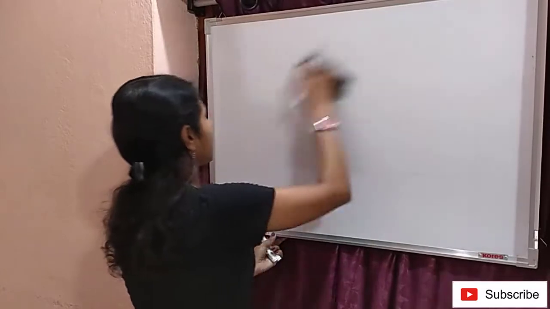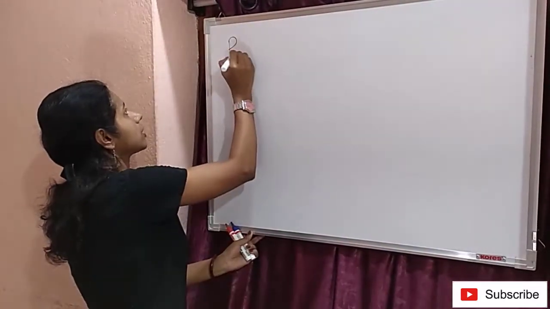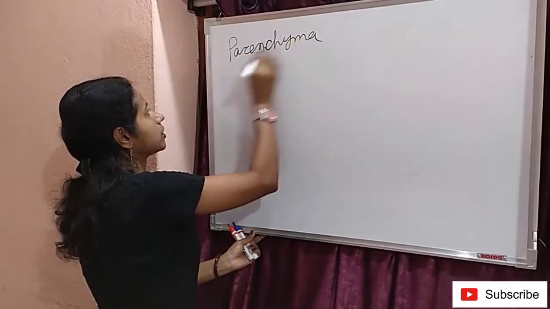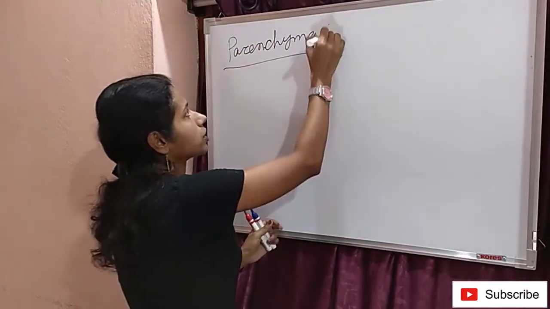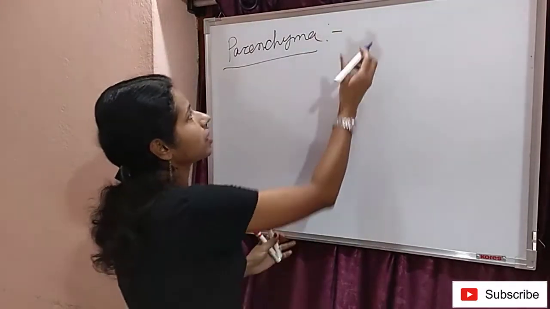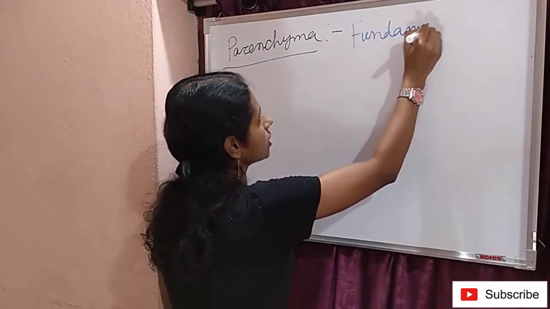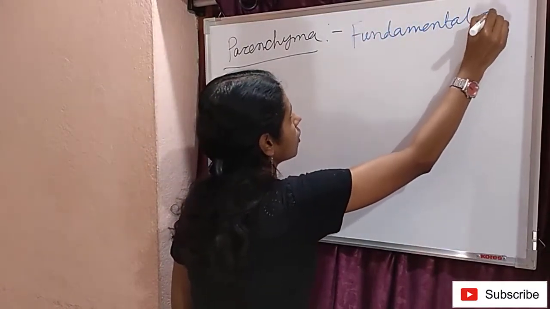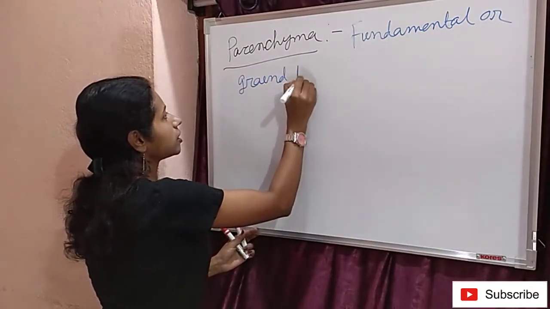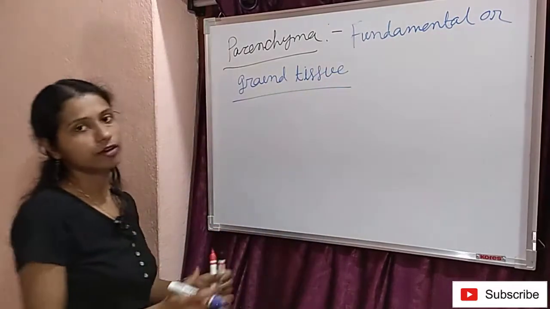Now, what is parenchyma? This is the most important tissue. This is called the fundamental or ground tissue. It means it is present everywhere.